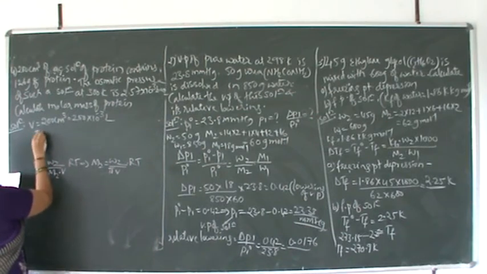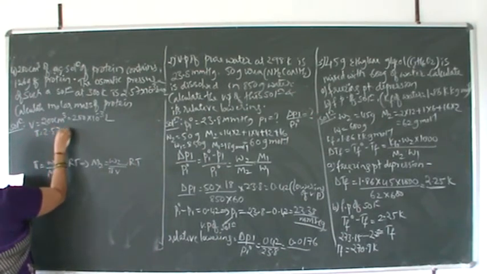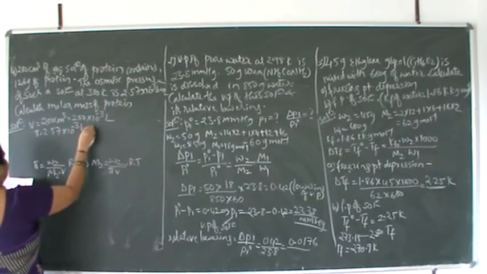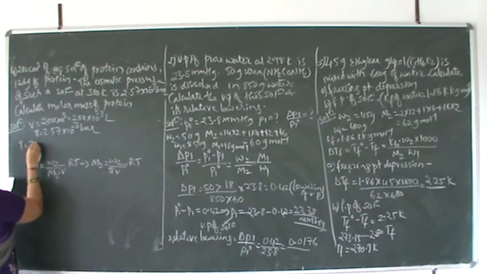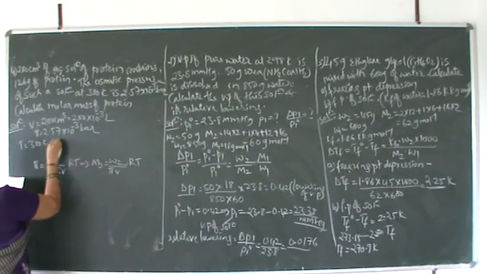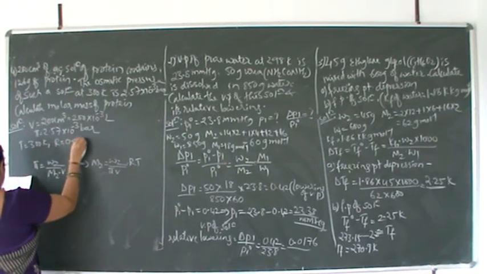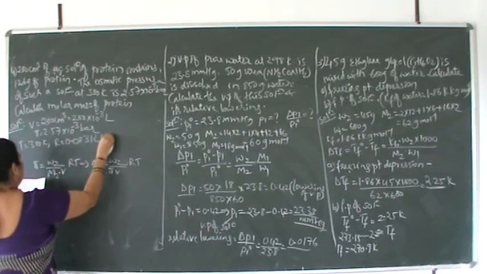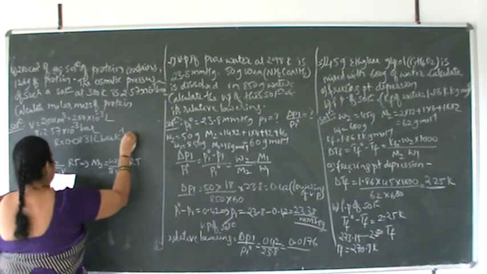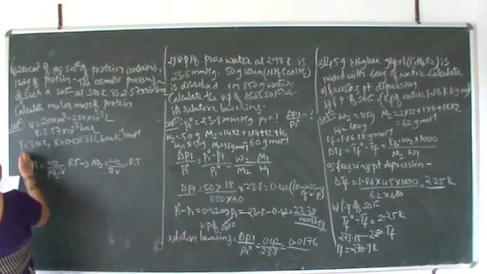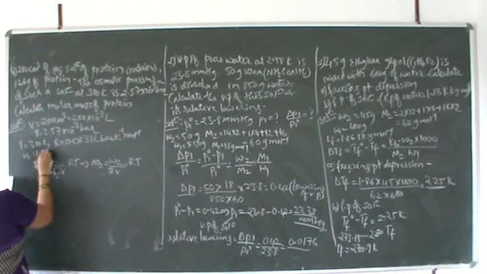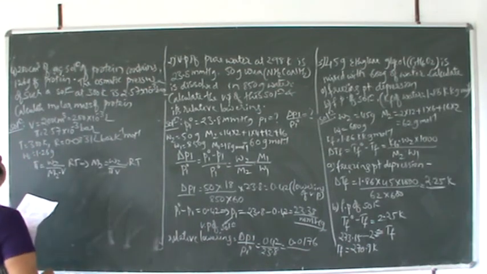Then pi is equal to 2.57 into 10 raised to minus 3 bar. T is equal to 300 Kelvin. R is equal to 0.0831 liter bar per Kelvin per mole. W2 is equal to 1.26 grams.